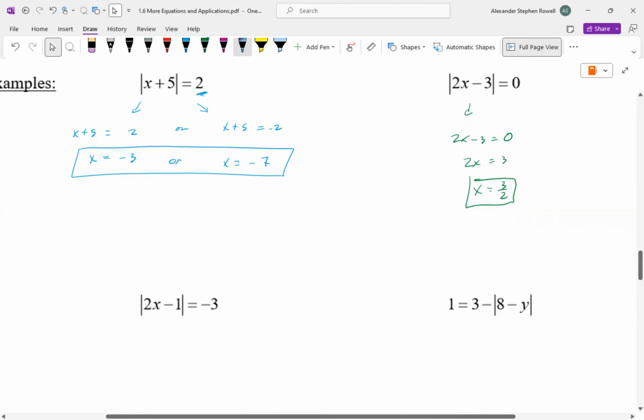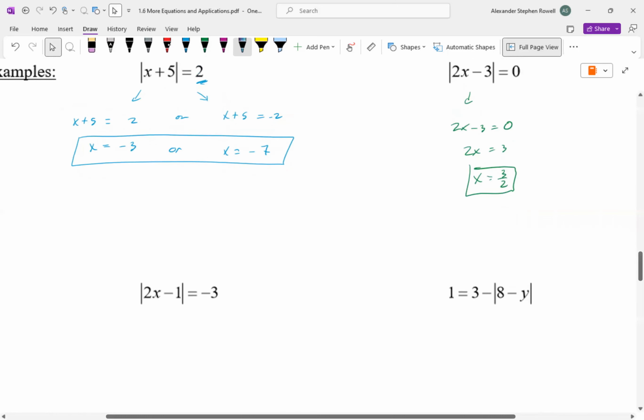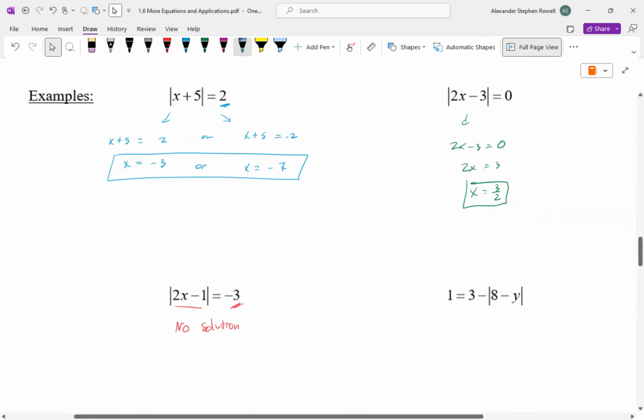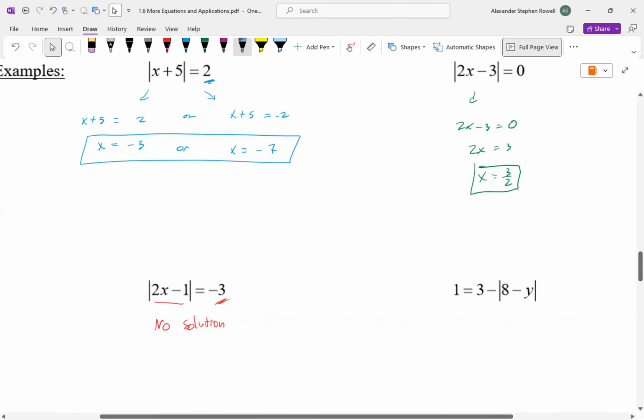Absolute value of 2x minus 1 is equal to negative 3. Does that make sense why it's no solution? No solution. If you take an absolute value, it has to be positive. So how could it be negative 3? Cannot be negative. Okay. What happens often is people just set it equal to a positive or negative number without thinking. You have to think, does it make sense before you do that?